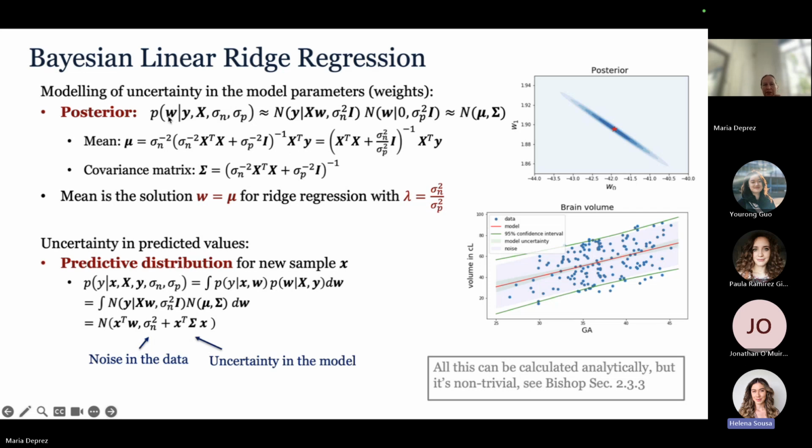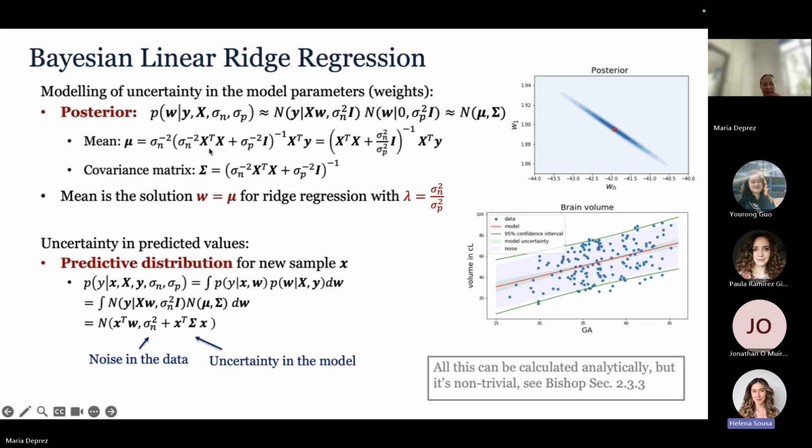So here I have it written. My posterior is the likelihood times the prior. If you remember how we defined it, this is exactly that. We need to multiply them. Let's say that the result after normalization has this mean mu, and capital sigma is the covariance matrix. This is the solution that you will get if you do that.